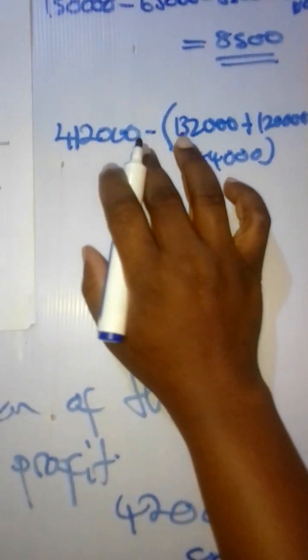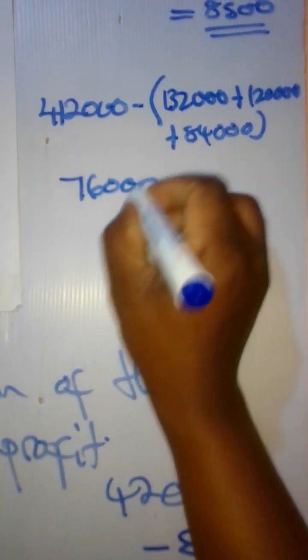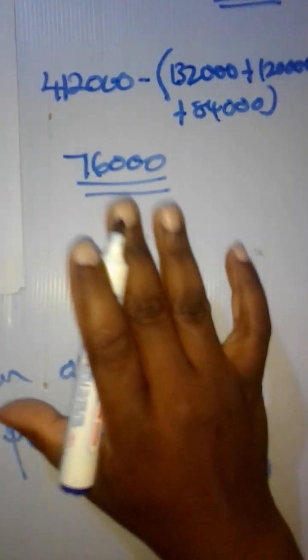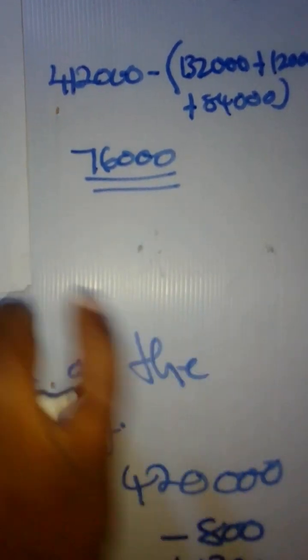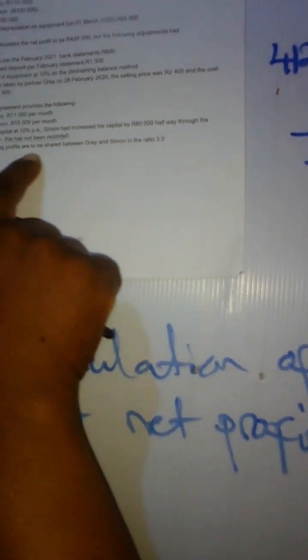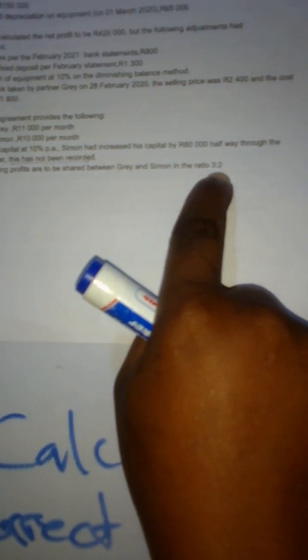If we say 412,000 minus all this, we are going to remain with 76,000. 76,000 is the money that we are now going to use to do the final distribution using this profit sharing ratio. Remaining profits are to be shared between Gray and Simon in the ratio 3:2.